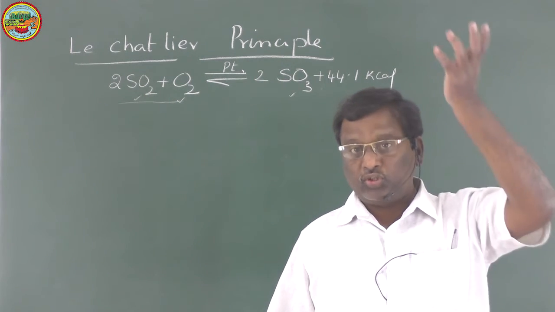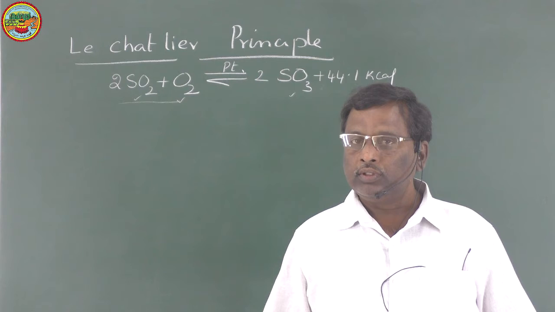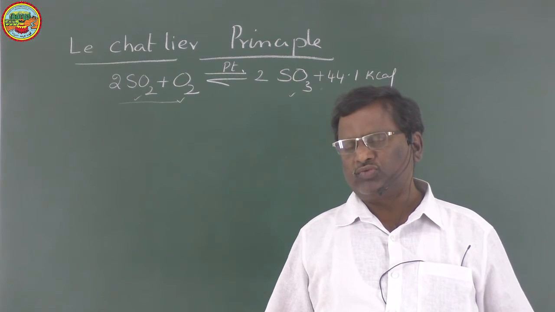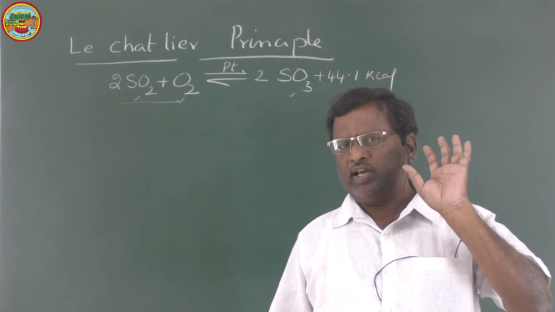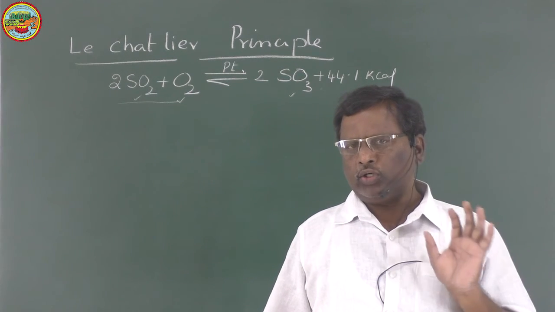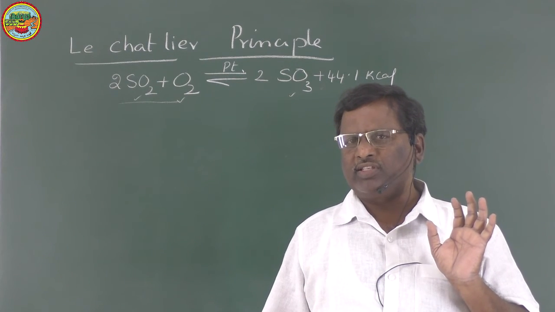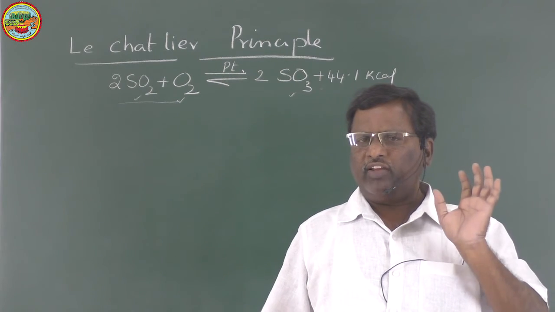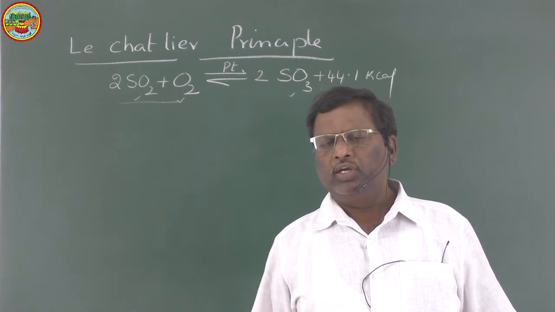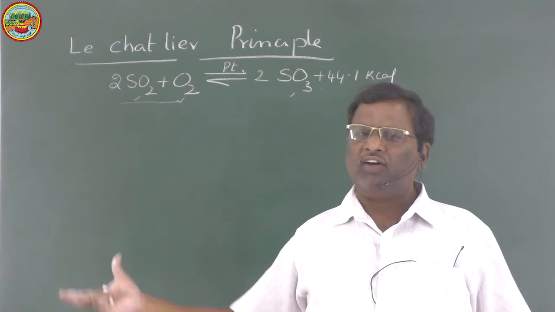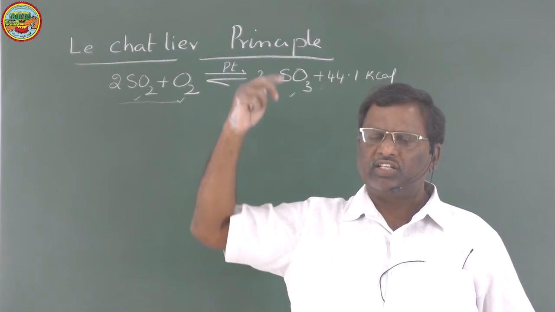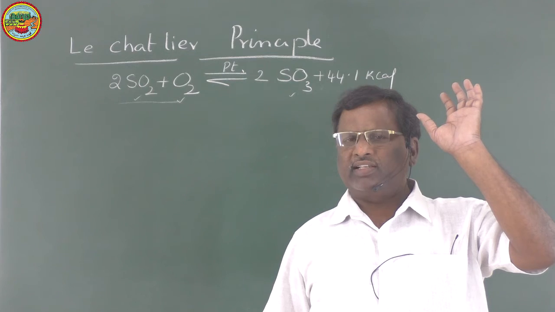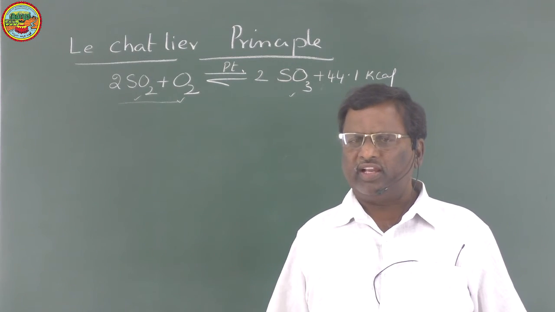For example, if you increase the concentration of SO3, according to Le-Chatelier principle, the change that you have done should be nullified or neutralized or brought to normalcy. This can be done only when SO3 decomposes to give SO2 and O2. So an increase of SO2 and O2 concentrations favors the forward reaction, and an increase of SO3 concentration favors the backward reaction.